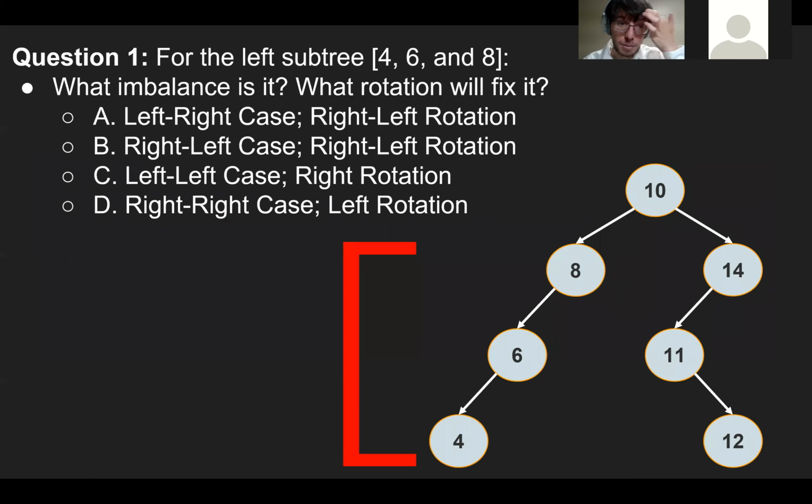So maybe you saw this answer, but for this, notice there's an imbalance in the left subtree, 4, 6, and 8. You can go ahead and pause and try to figure it out. What kind of imbalance is it? What rotation fixes it?